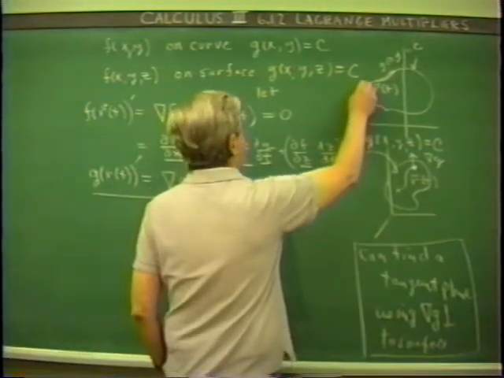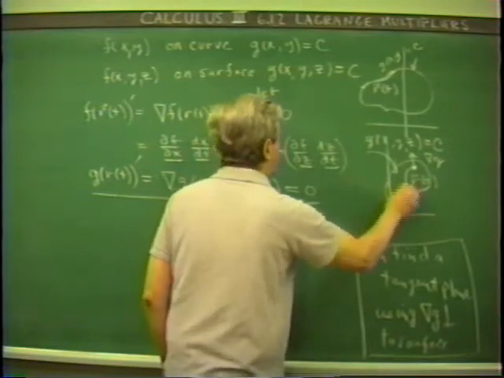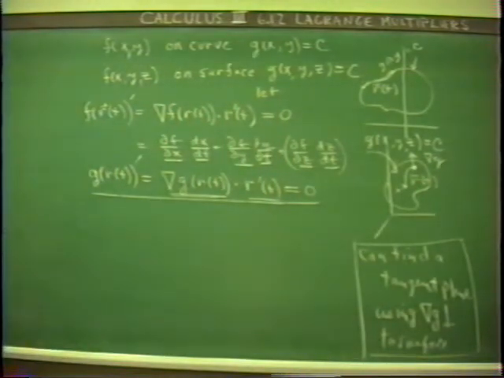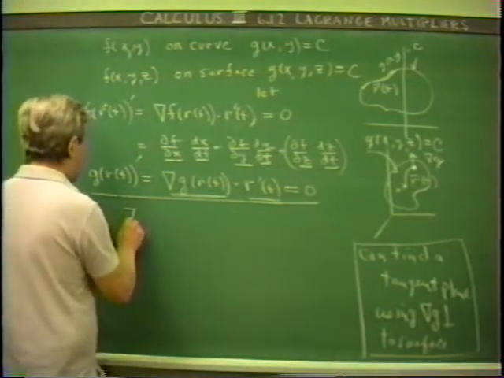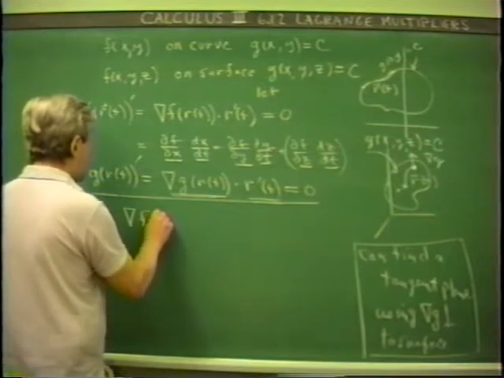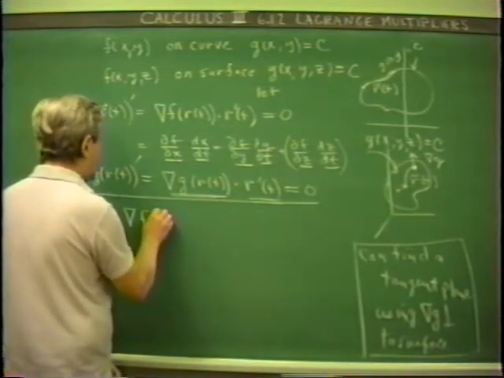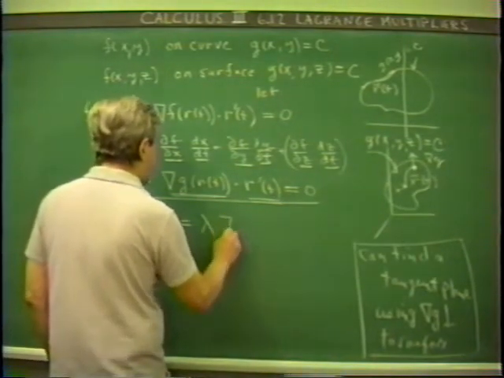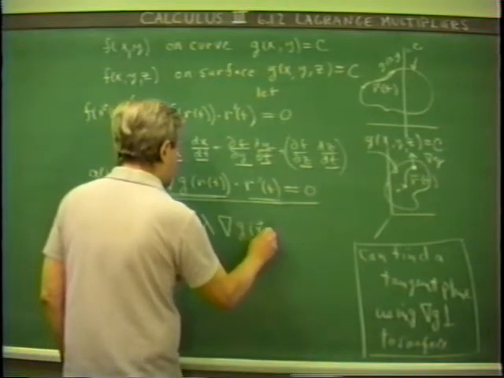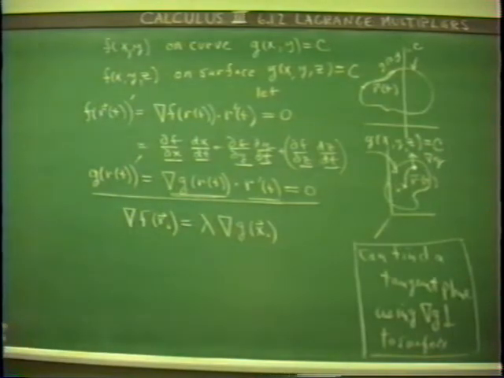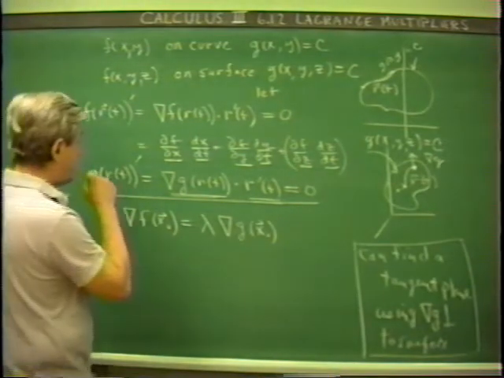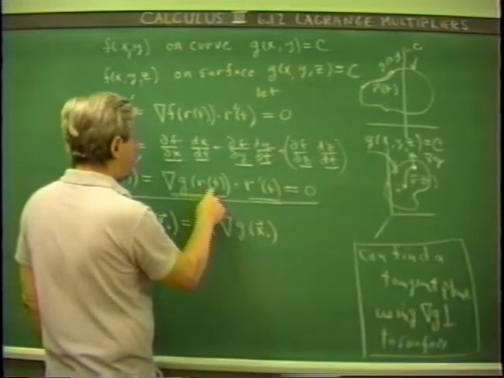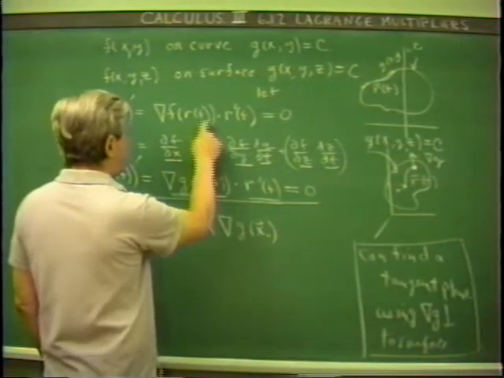And if at a point x naught, y naught on the curve, or x naught, y naught, z naught on the surface, we have the gradient of f at x naught equal to a multiple of the gradient of g at x naught, right?